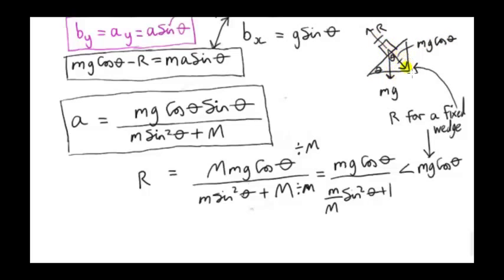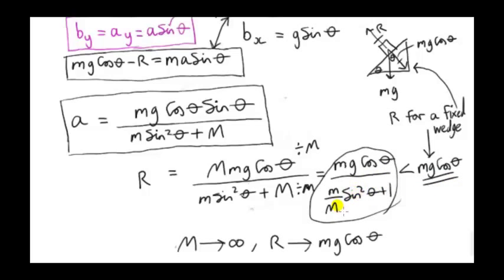You see, the particle doesn't accelerate in the y direction. So the result that we get for the moving wedge makes sense, because we expect this quantity to be less than the situation where the wedge is fixed, since the wedge is moving away from the particle, if you like.